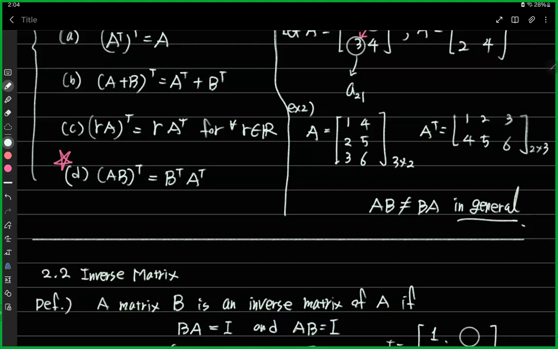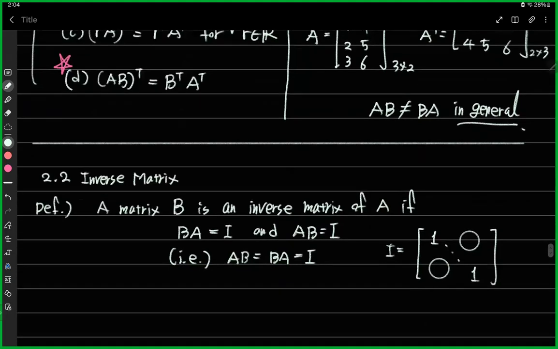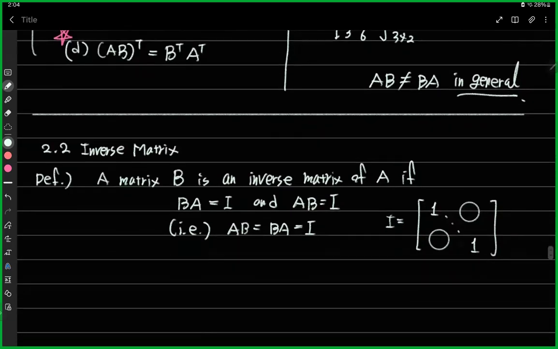In general means that in particular cases there exists some special matrix such that AB equals BA. But in general, AB is not equal to BA. Keep this in mind. For inverse matrices, AB equals BA, and they return the identity matrix.